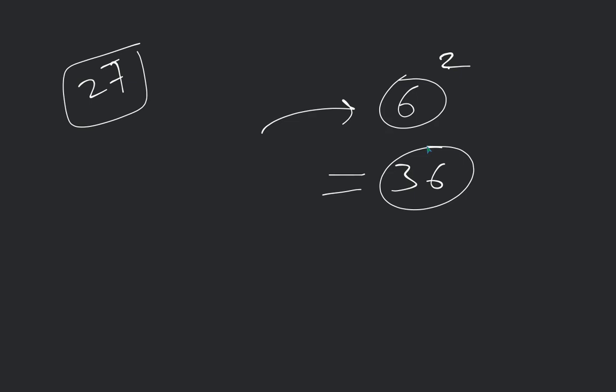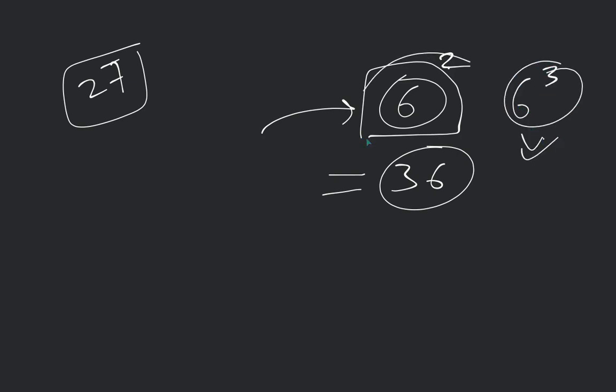If I throw a dice a single time, there will be 6 chances: it can come 1, 2, 3, 4, 5, 6, any number. But if I throw two dice at a time, or one dice two times, the total outcome will be 6 squared. If I throw three dice, then it will be 6 cubed. Remember this. These are total chances.